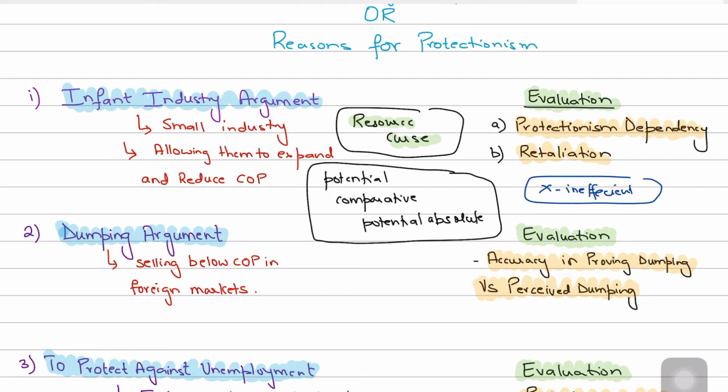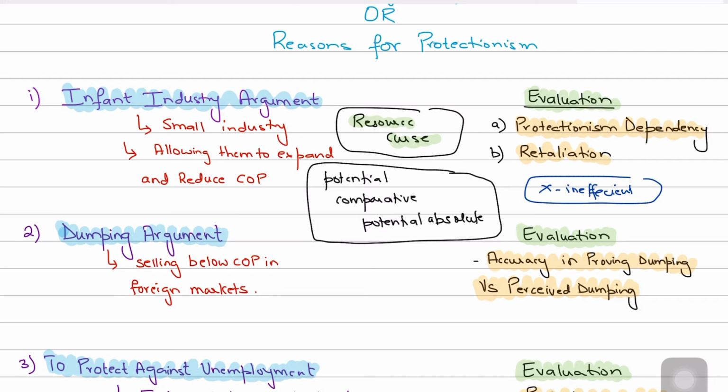The cost could have been reduced to a significantly large extent, and the firm would have become a lot more competitive than it currently is, if it had not been X inefficient. But because of being complacent and dependent on protectionist measures, firms have become X inefficient, and that raises concerns on whether protectionism should be imposed or not.